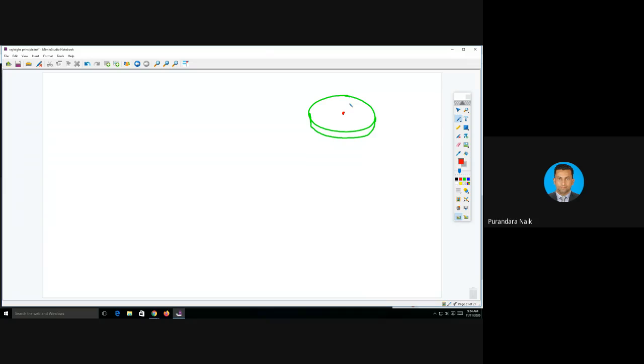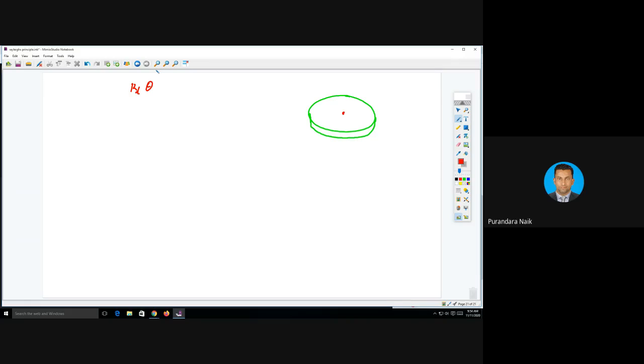The torque acting on the rotor through the twisted shaft is kt into theta.